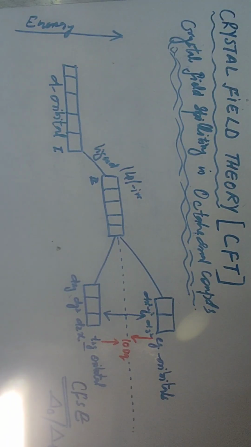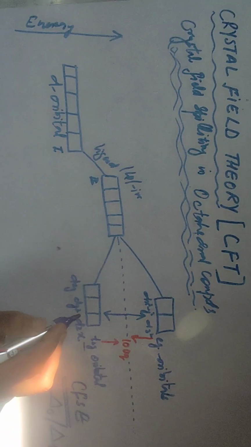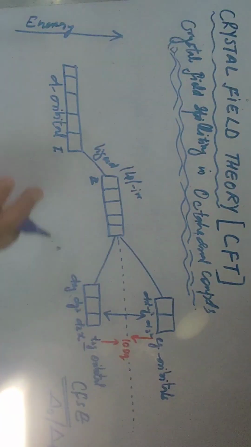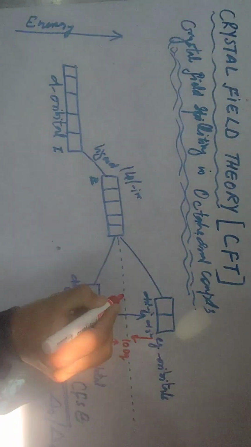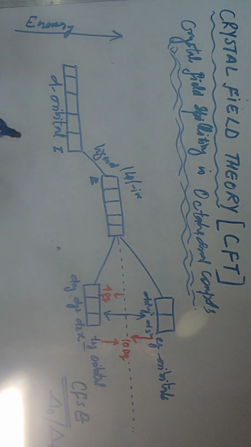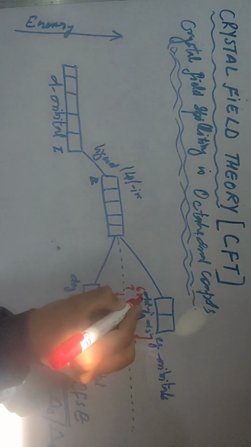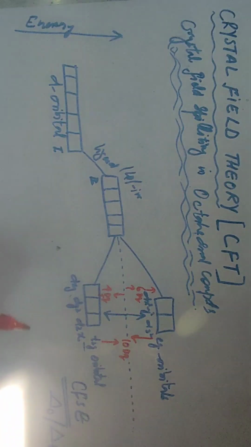Since the T2G set goes down in energy, meaning it is in a stable state, it goes down by 4 Dq, while the EG set goes up in energy by 6 Dq. This is what happens in the case of octahedral complexes.